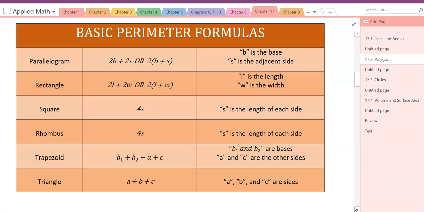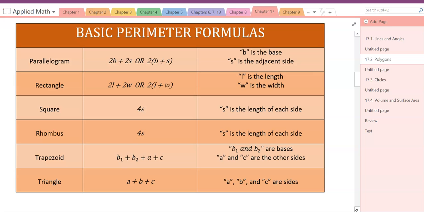So over on the right side, I put a legend for you so that you know what S stands for, what B stands for, because some shapes have certain letters that other shapes don't. So it just depends on what you're working with. Like a square only has S, where a rectangle has L and W. So just so you know what those letters stand for, that's all listed over here on the far right side.